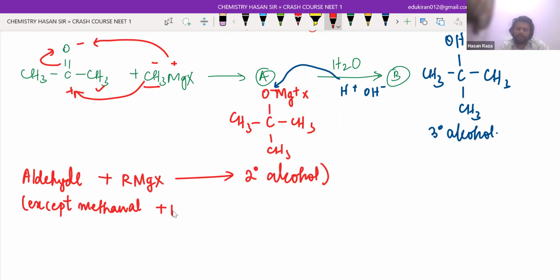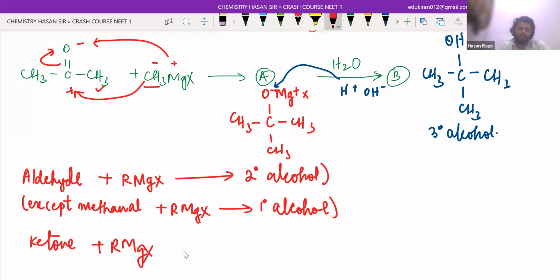Or with methanol, if you are going to react with Grignard, you will get a 1 degree alcohol. And if you are going to react Grignard with a ketone, you will always get a 3 degree alcohol. Is that clear?